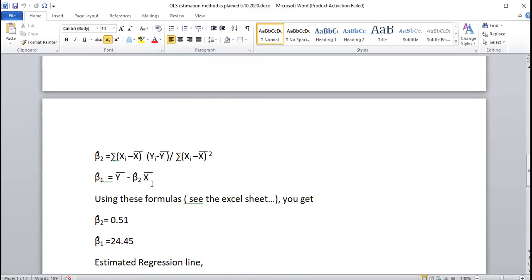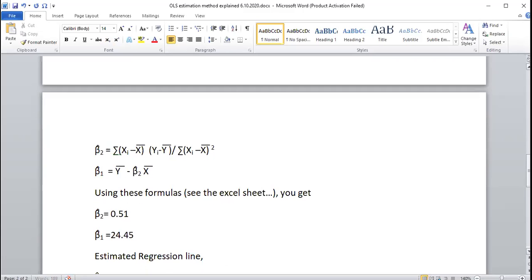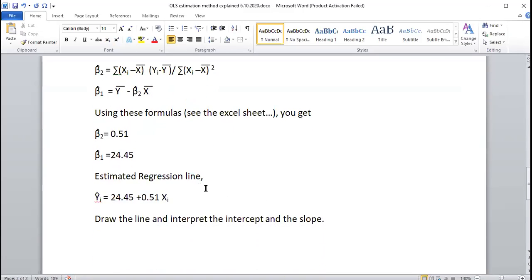You will see that everything here is known from data. So you take a sample and use these formulas to find beta 1 hat and beta 2 hat. We did that in an Excel file. We actually calculated beta 1 hat and beta 2 hat. I also let you do the calculation in the midterm. And you get this estimated line.